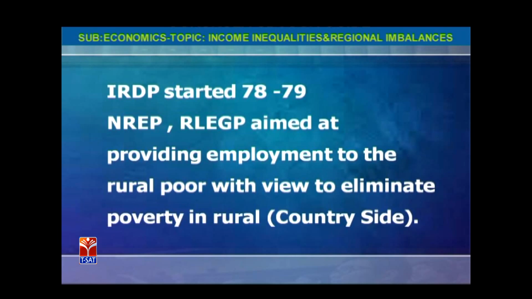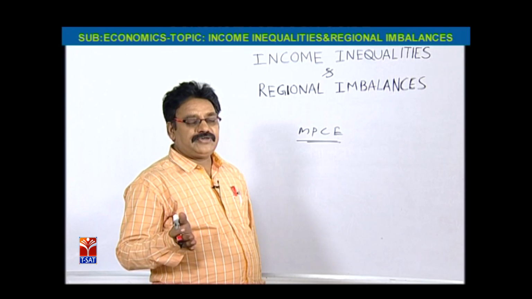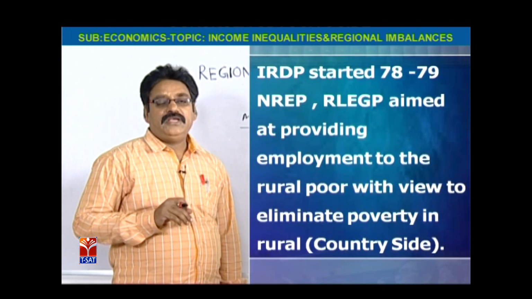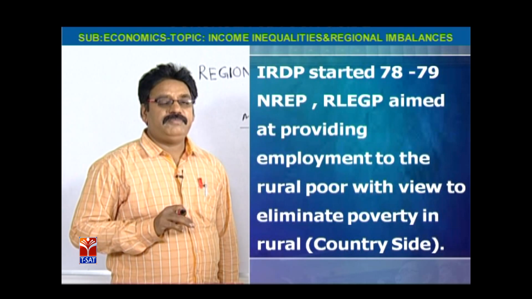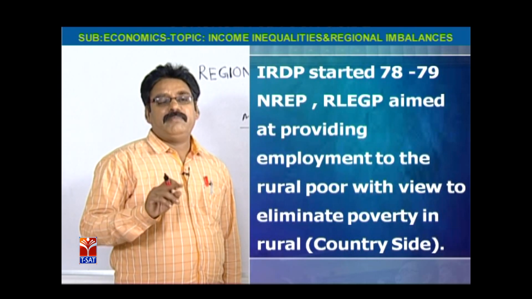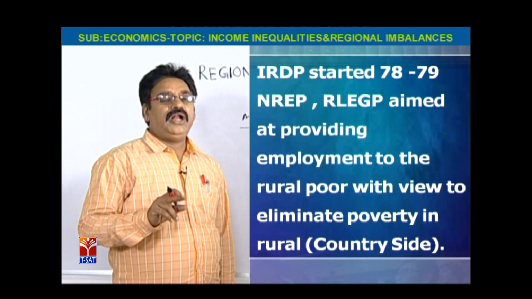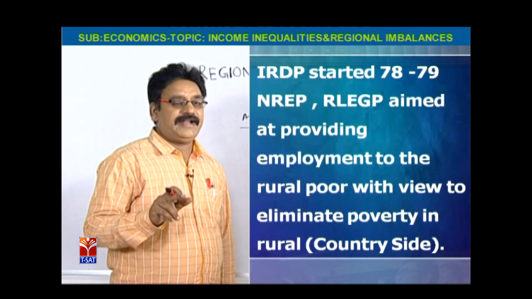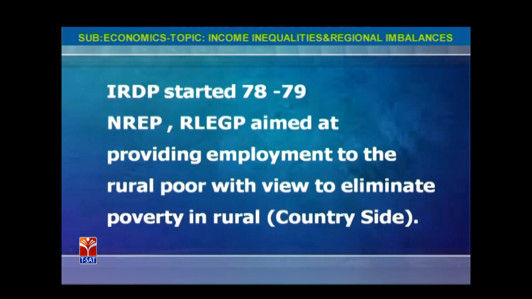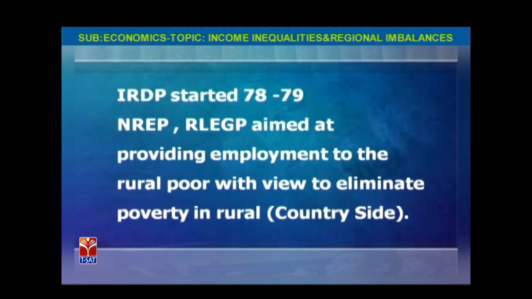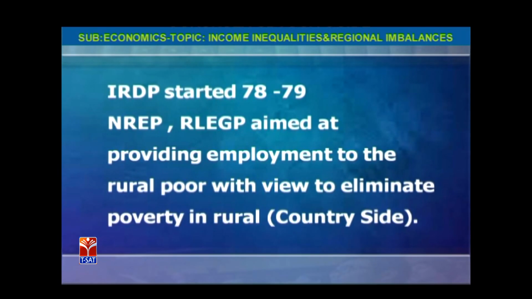This program was started in 78-79 initially. After that, it was extended throughout the country. NREP, RLEGP. NREP means National Rural Employment Program, and RLEGP, Rural Landless Employment Guarantee Program. These two programs aimed at providing employment to the rural poor with a view to eliminate the poverty in rural areas.